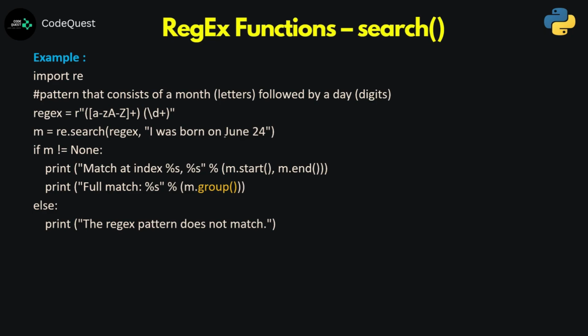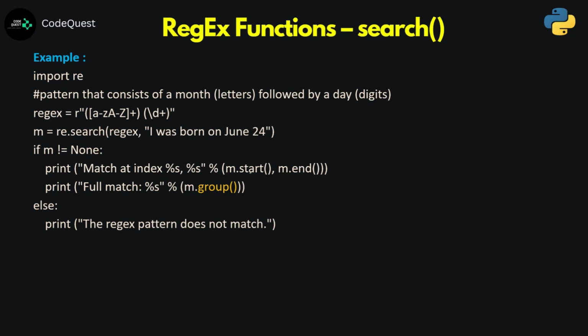We can observe that it should be ending with this digit. Before this we have June 24. So starting from J till this 4, this is the entire string that we have got as a result of the search. Because we found it, this is not equal to None, this is true.